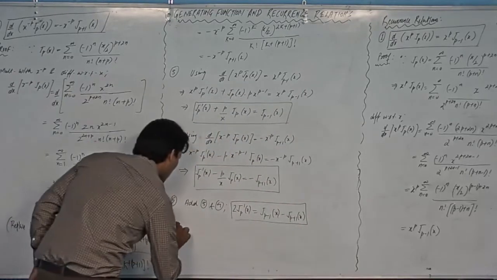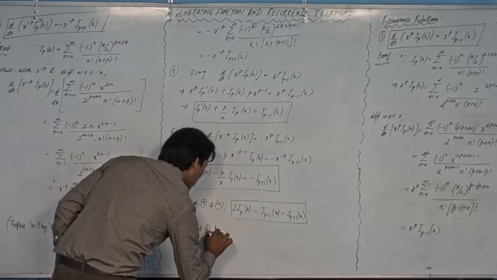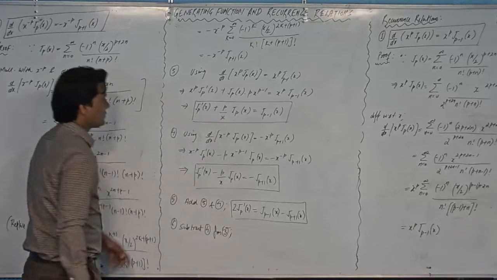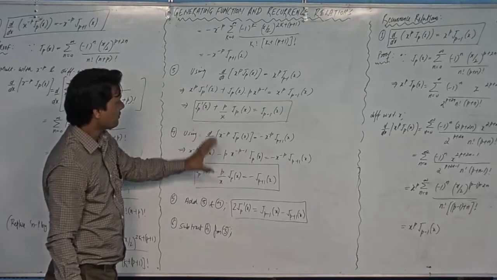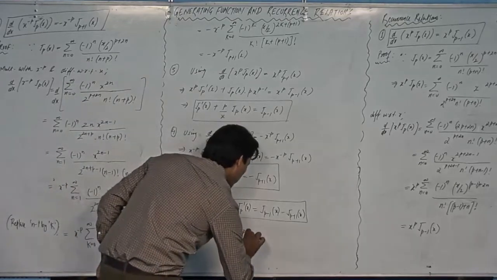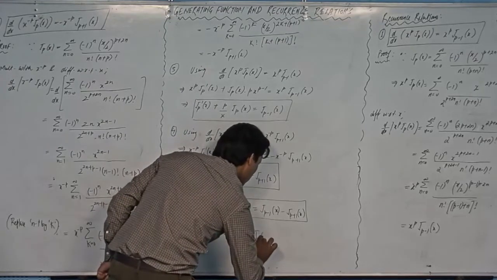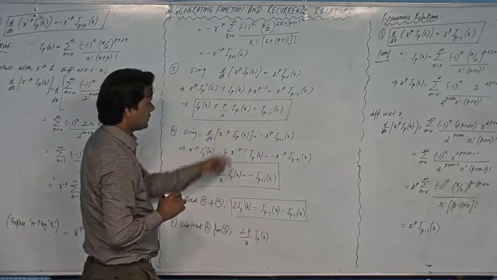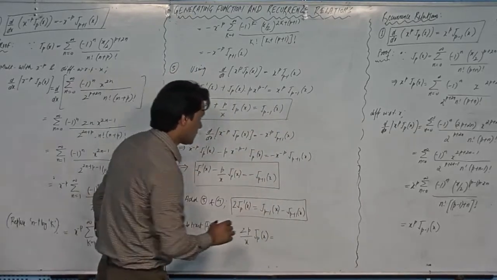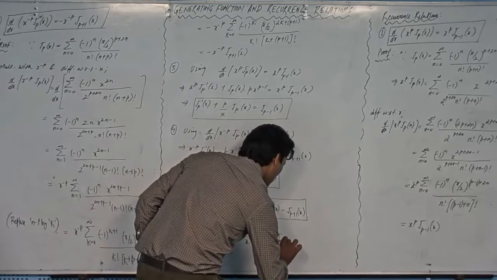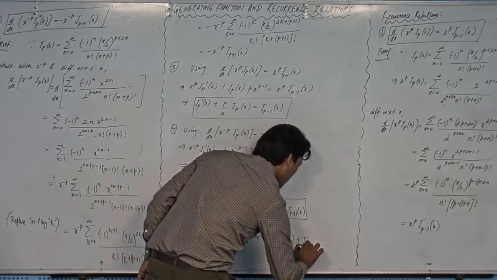And for the sixth, you can also subtract them. Subtract the fourth from the third. You just subtract them, this minus this, that term will be cancelled on subtraction, and this will be added, that will become twice this thing. So 2p by x J_p(x) equals J_{p-1}(x) plus J_{p+1}(x).